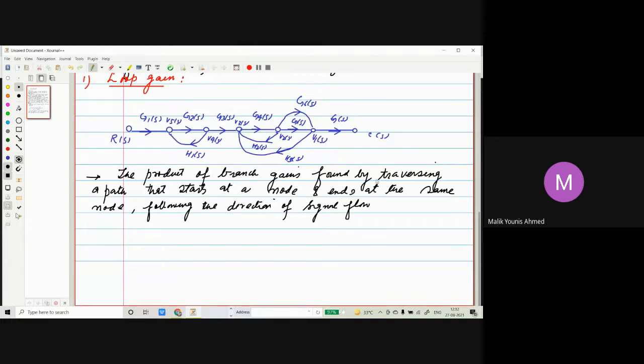Following the direction of the signal flow without passing through any other node more than once.